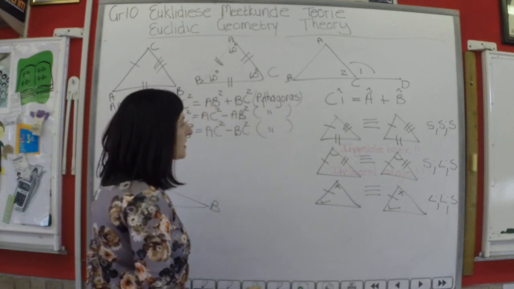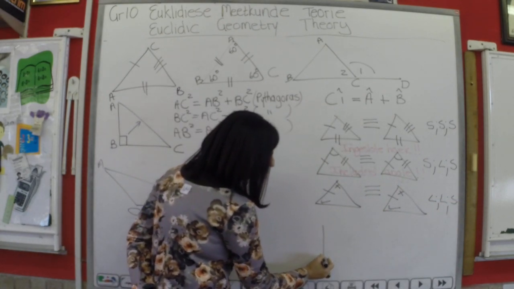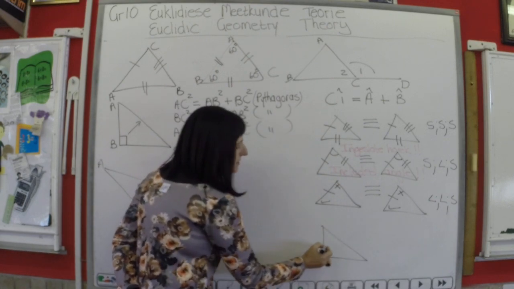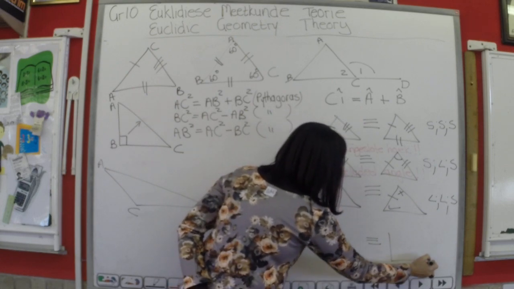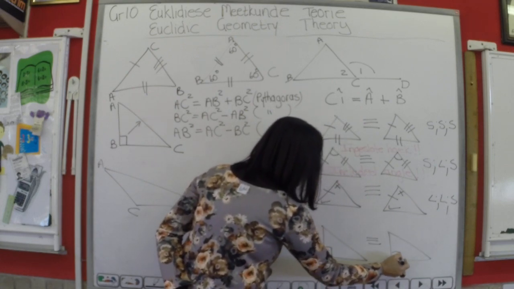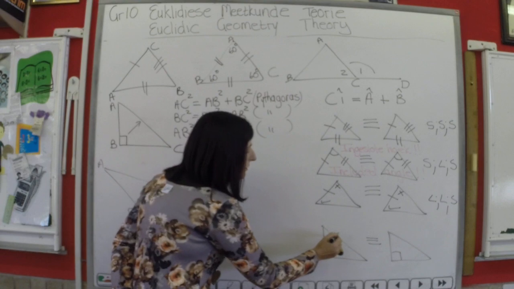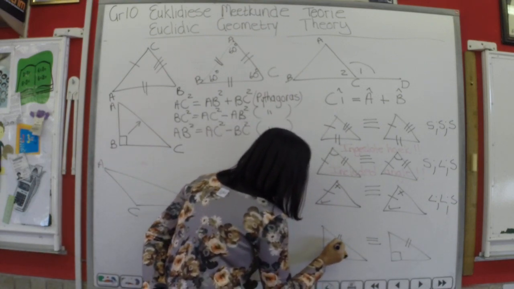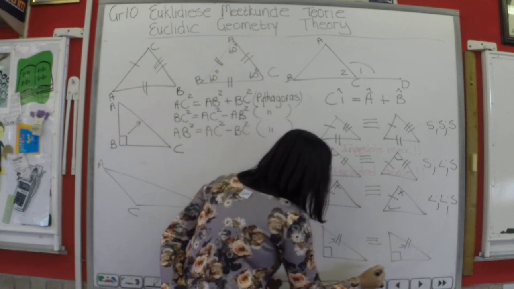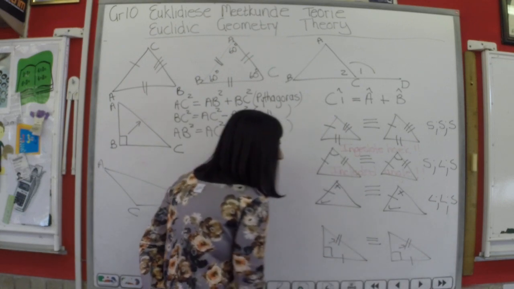En die laaste rede vir kongruensie is 'n 90 grade driehoek. That's congruent to another 90 degree. Then I've got the hypotenuse. Kyk mooi, hy wys vir die skynsy en een van die reghoeksye.